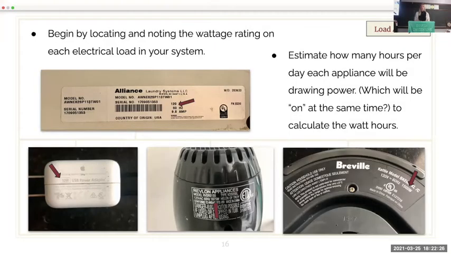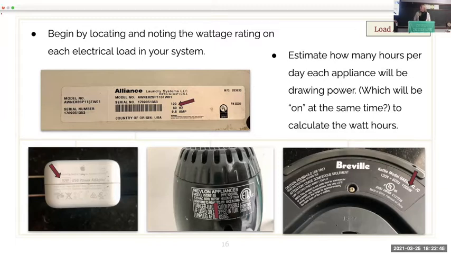All right, so our cabin is really small. We don't have that many appliances in it. So this was a really simple process for me, and I anticipate that it'll be much more difficult depending on how big of a house you want to power.